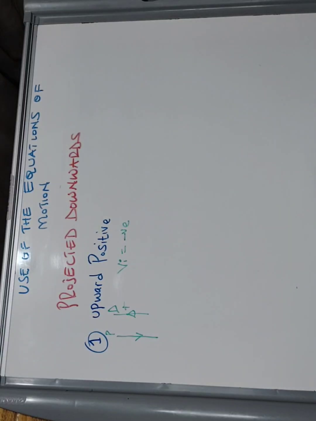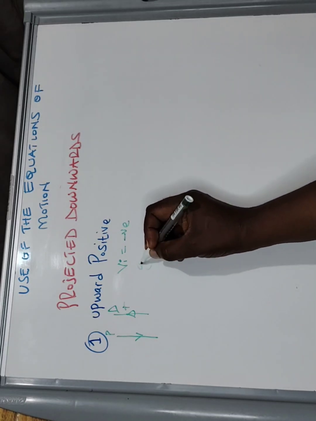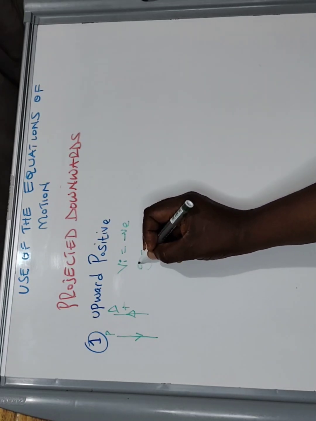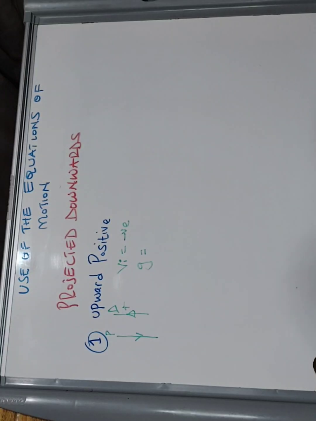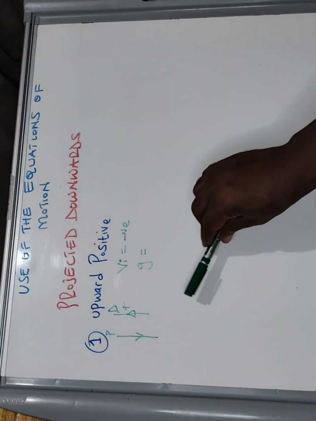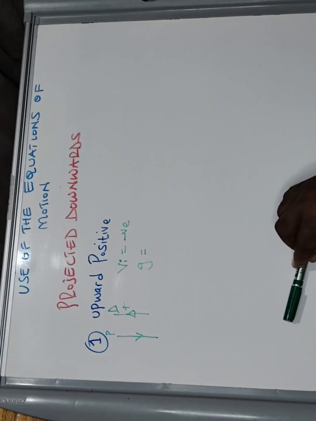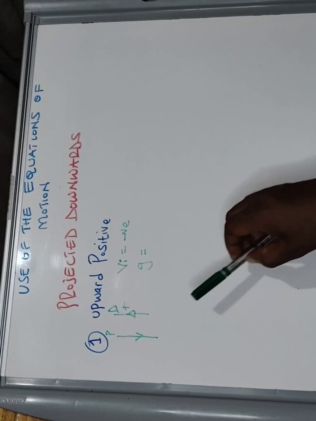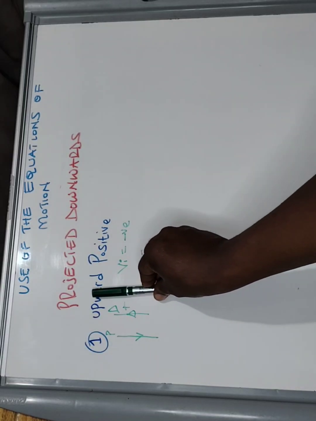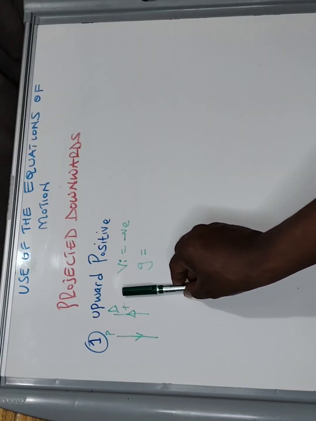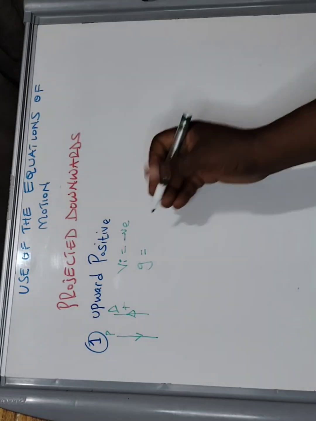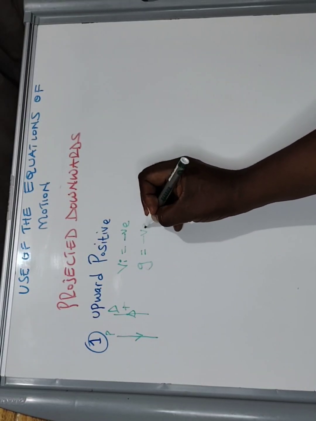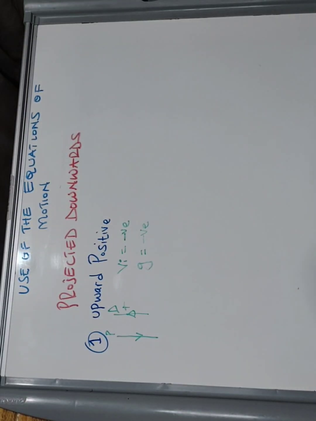Okay. From there, what else do we need to know? G. G is always acting downwards, but we have taken upward as positive. What does that mean? That our G is going to be negative. That one is very important.